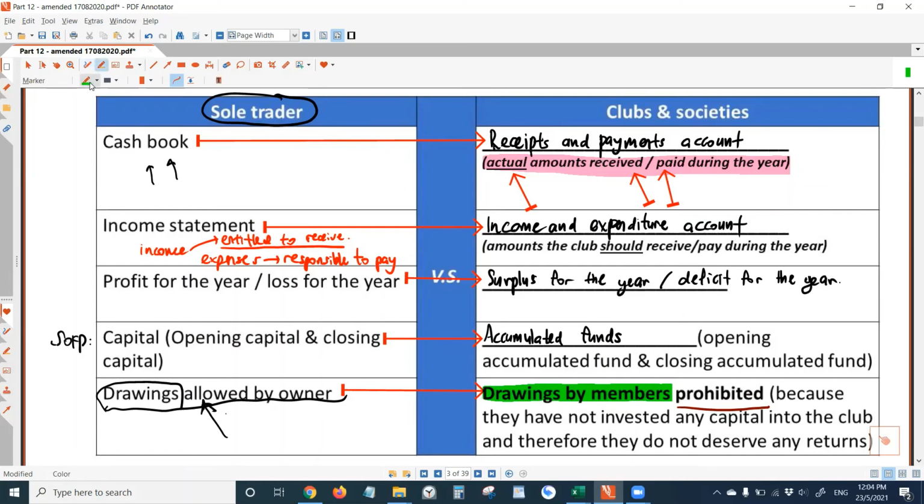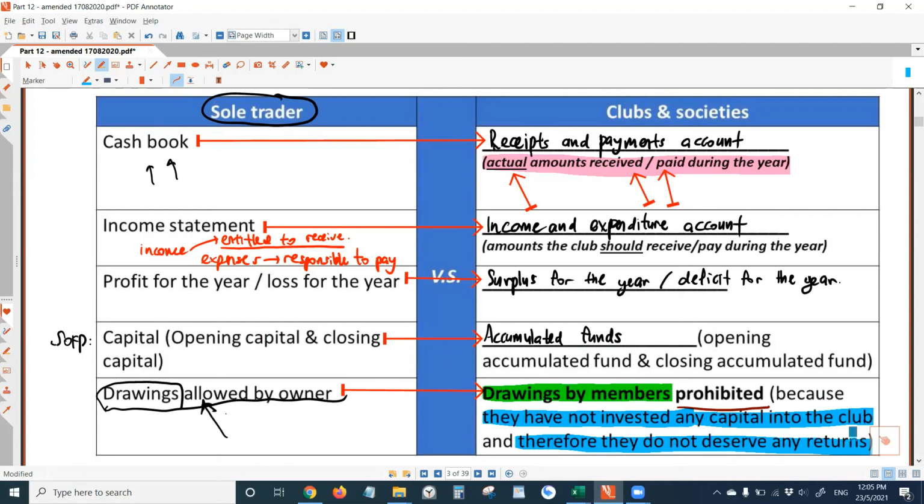And what reason should you give if they ask you for a reason? You should tell them that because members have not invested any capital into the club, therefore they do not deserve any returns. That's the standardized answer for a question asking why members cannot take drawings. It's always the same answer if you look at the mark scheme.